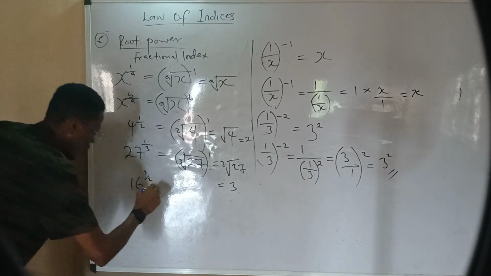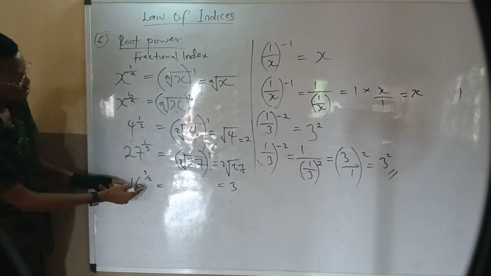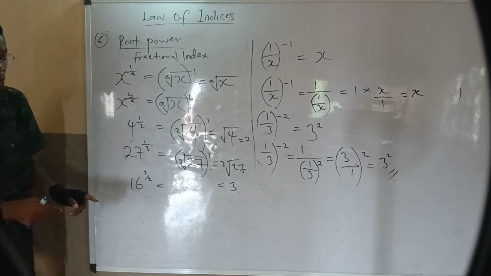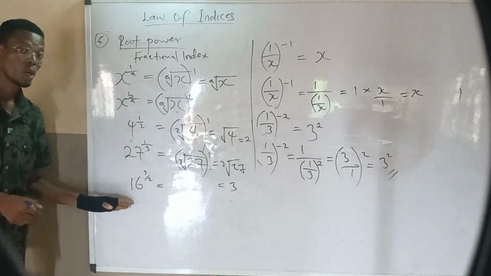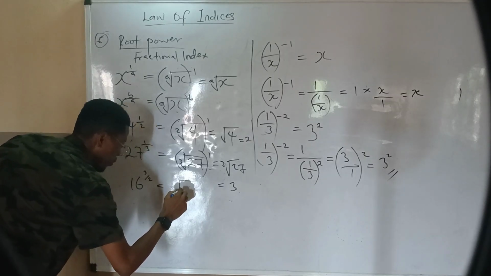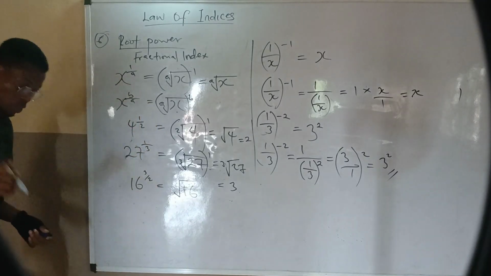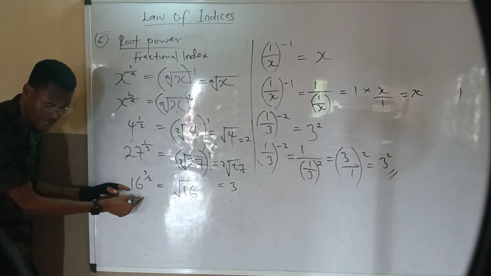At this point, I have told you, first of all, the fraction brings about what? The root power, right? Now what we are doing is the root of what? 16. The root of 16 first. The root of 16, which is the base, right?